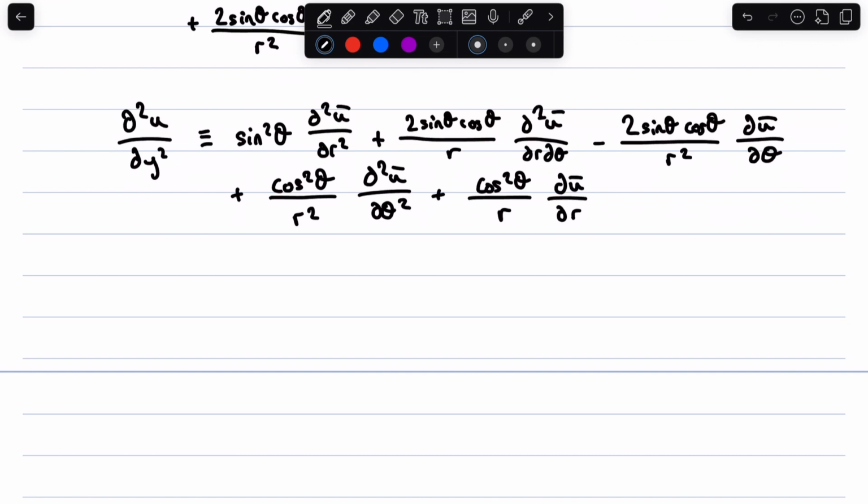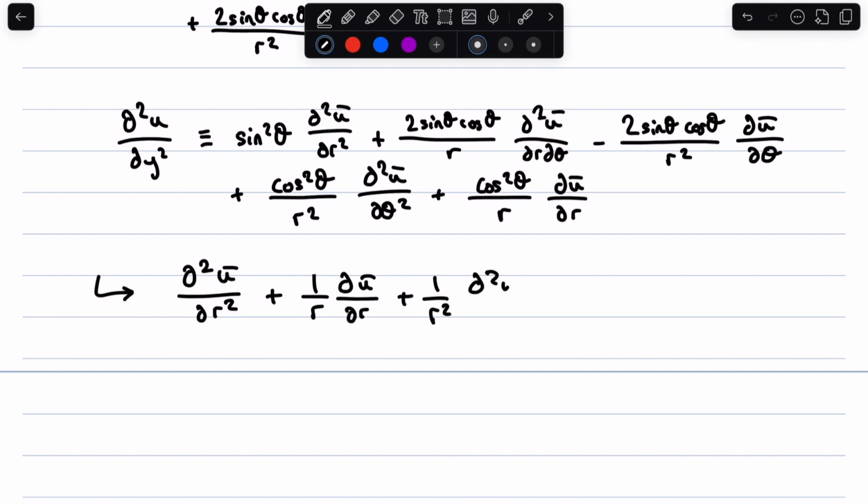So if we just add them all together, and again this will take some more algebra, you will end up with partial d2u bar by dr squared plus 1 over r times partial du bar by dr plus 1 over r squared times partial d2u bar by d theta squared.